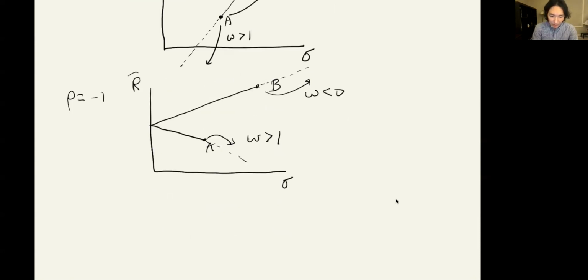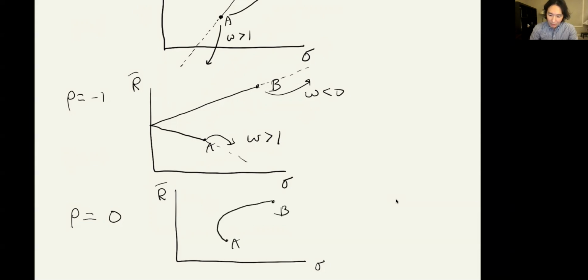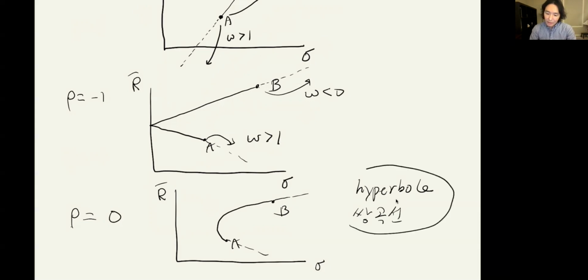And when W is, say, 0, it's going to be a hyperbola like this. In Korean, it means 쌍곡선. 쌍곡선이 됩니다.